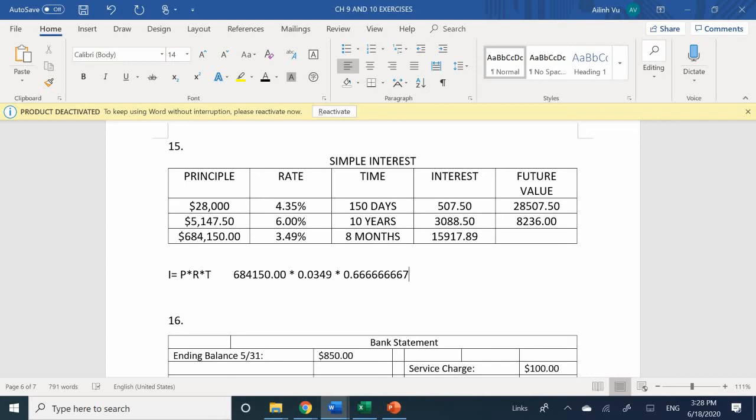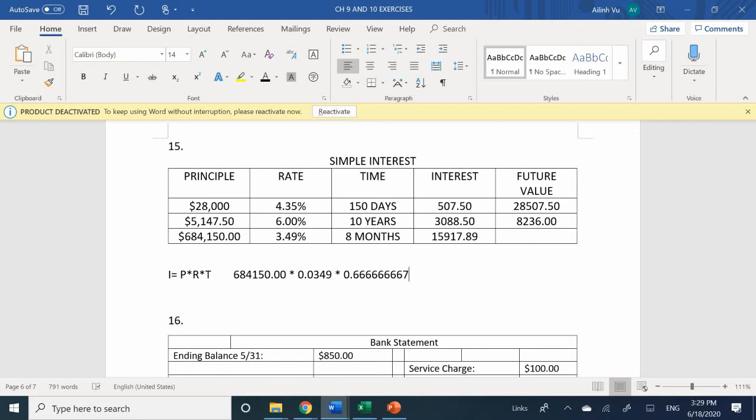You're close. Are you solving for the future value, or are you still calculating the interest? I did the interest, plus the, let me do the interest. Oh, wait a minute, you're doing the future value. I thought you were calculating the interest for the longest time.